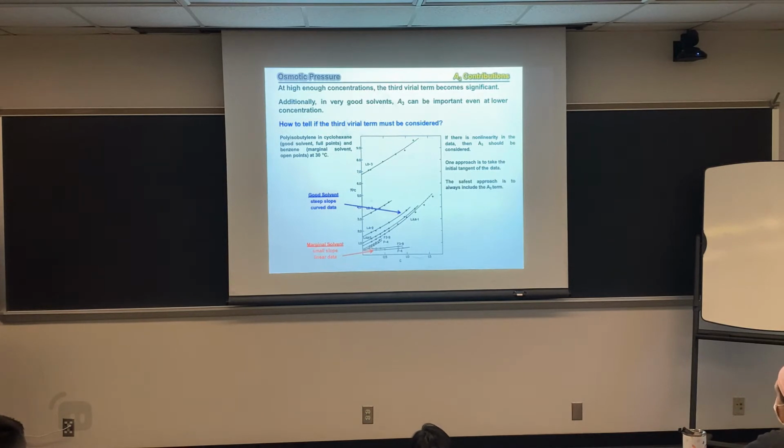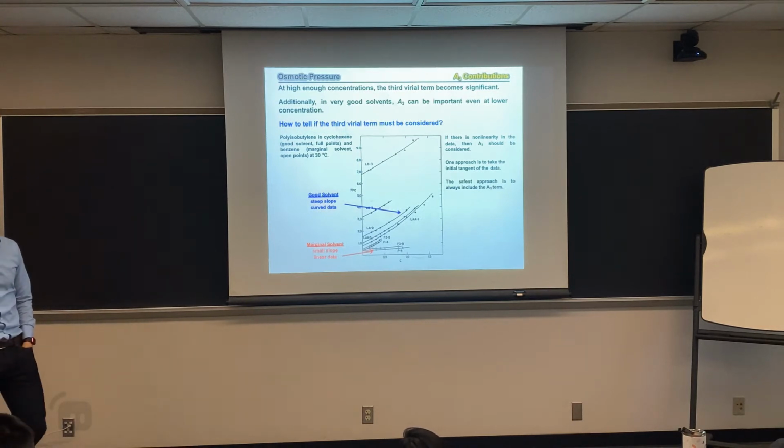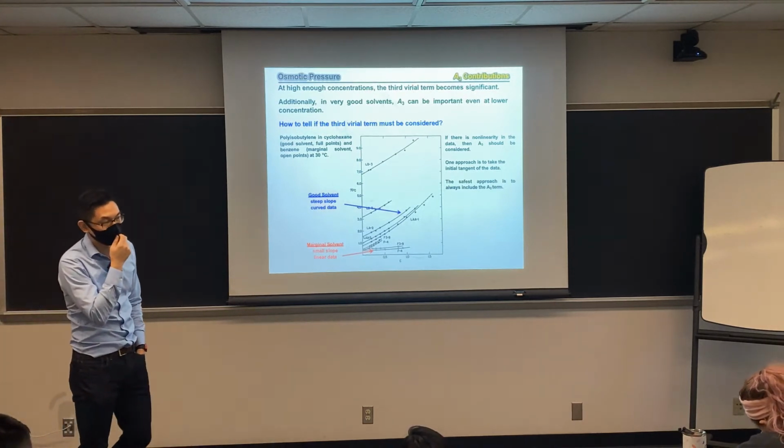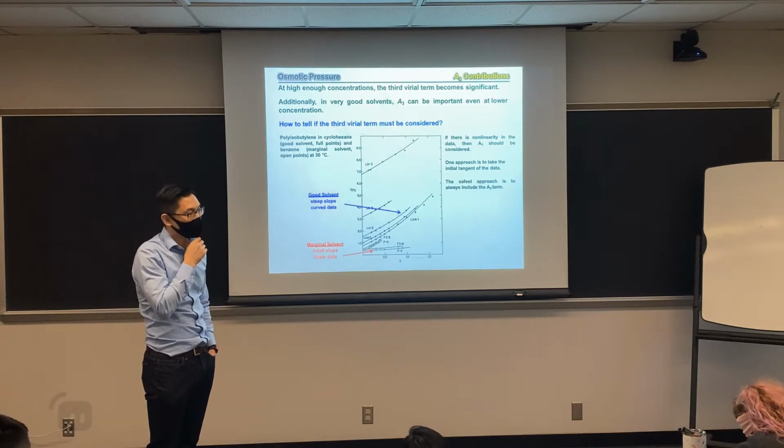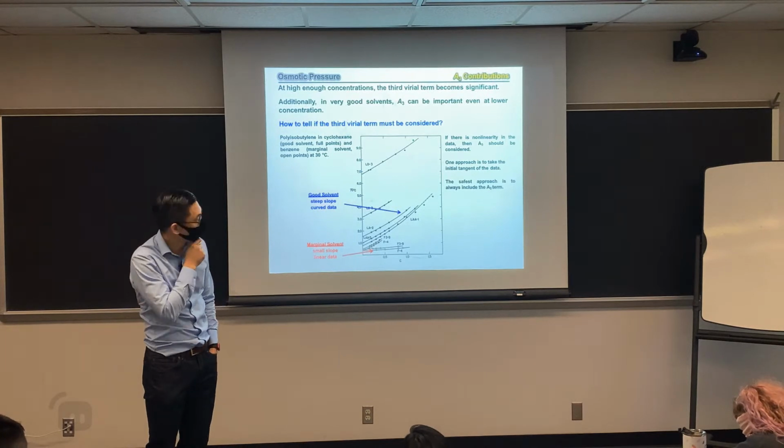I'll leave that as homework, not necessarily homework, but a home question for everybody to think about. How might chi and the second virial coefficient be linked to each other, or are they actually talking about the same thing?